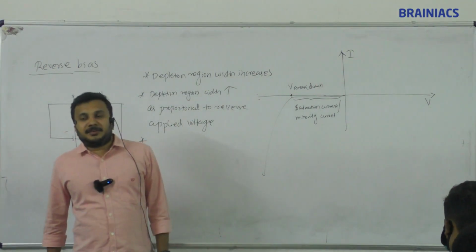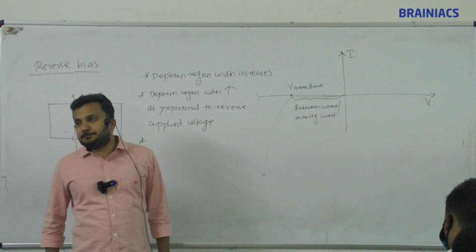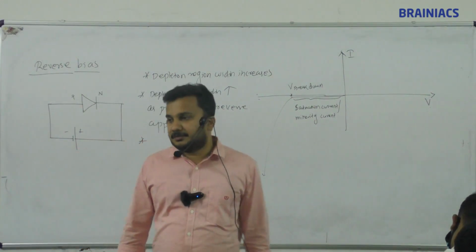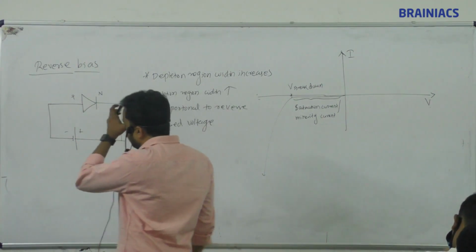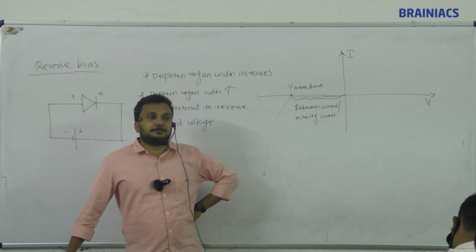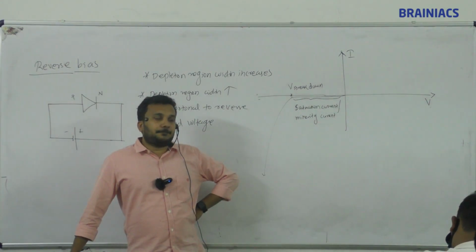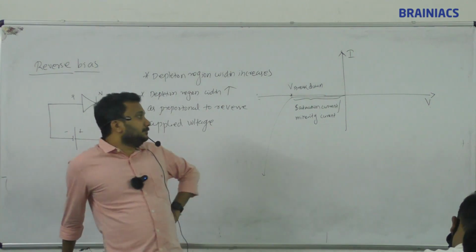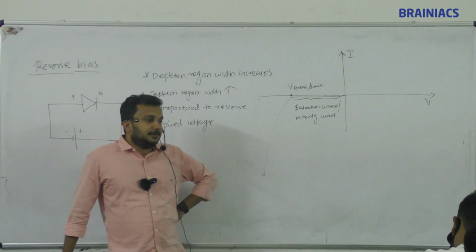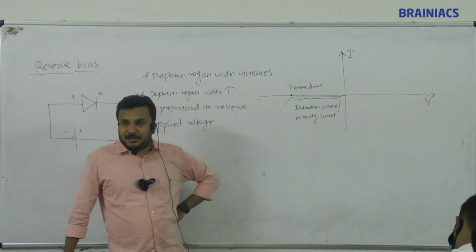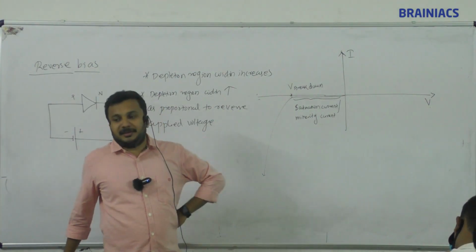Next point. When the reverse voltage increases, at some point of time the diode undergoes breakdown, or in bracket you can write rupturing.